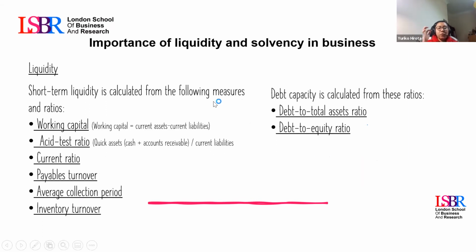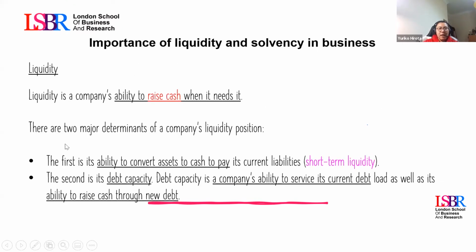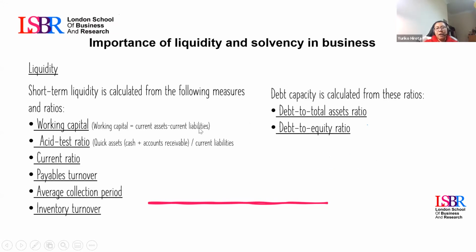So let's move on. But how can we measure those capacities or those two determinants? How can we measure the ability to convert assets to cash to pay? We can have some ways, like formulas, like ratios that we can check.